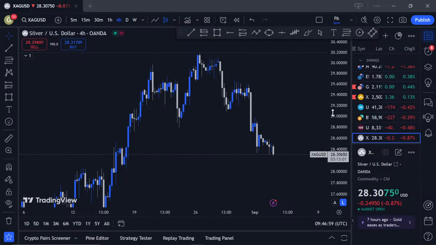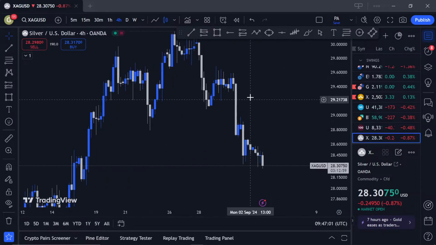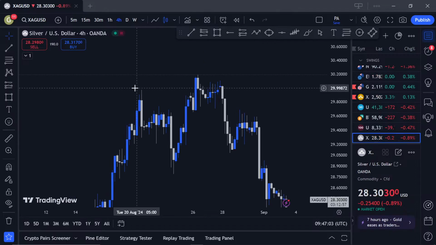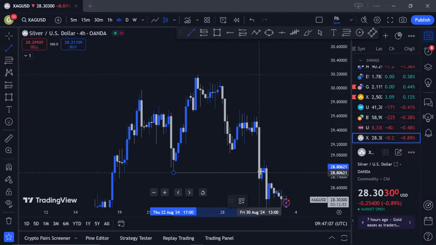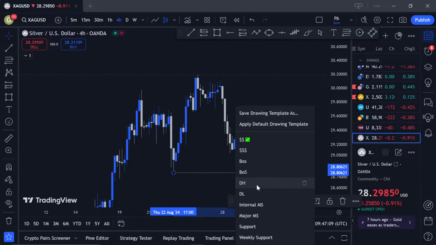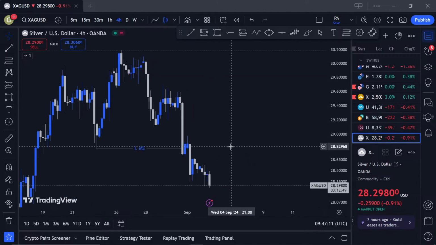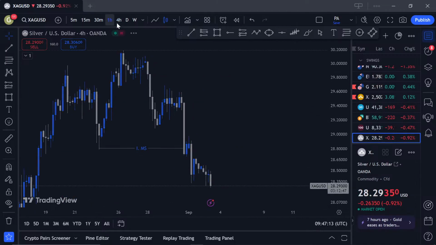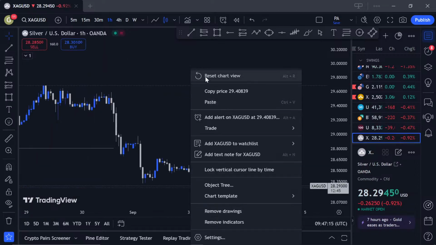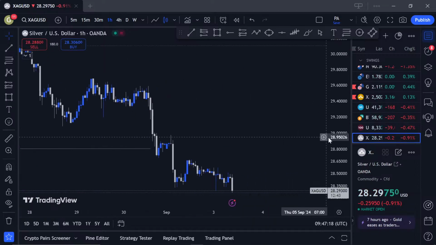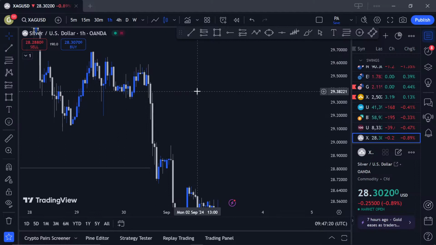Now looking at it right now again, the market gave us a change of character to the upside, but immediately after that, it gave us another one to the downside again. So for this reason, we could be looking for sells on silver, as that is the clearest reason to take a trade here.